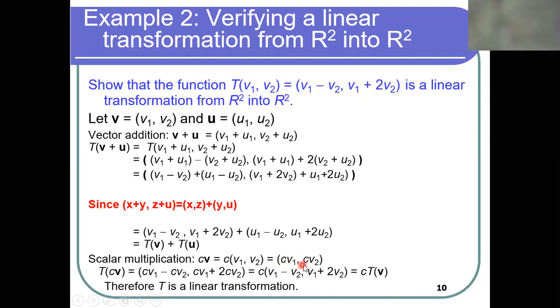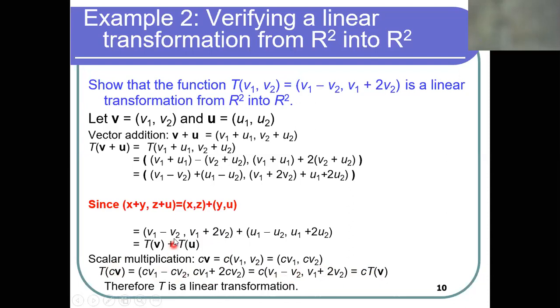Treat this whole as v1 and c times v2 as v2. You just use this definition and ultimately you will get c everywhere. So take c as common, and this is again T of v. So you start with T of c v and end up with c times T of v.